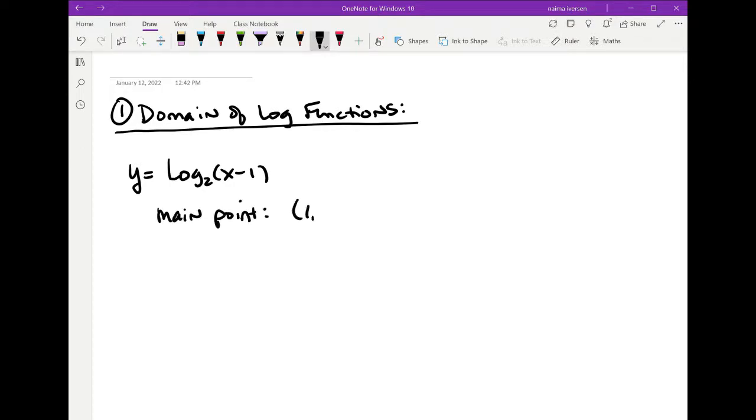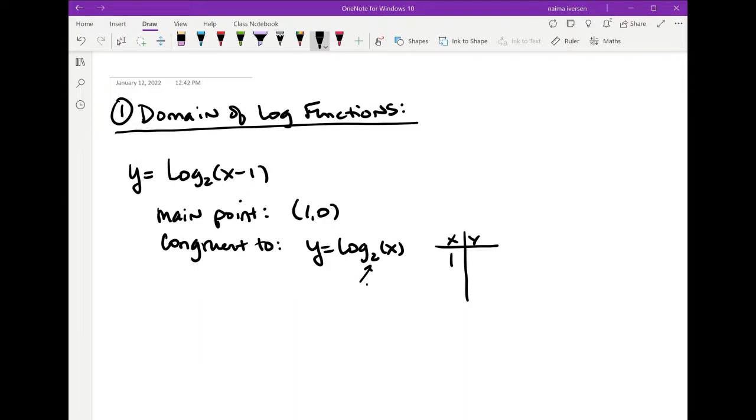Our main point is going to be (1, 0), and we will be congruent to y equals log base 2 of x. Remember that the numbers we're going to use for our table of values are 1, a, and 1 over a. So 1, 2, and 1 over 2. Now that you know how to evaluate these things, the values become a lot easier.